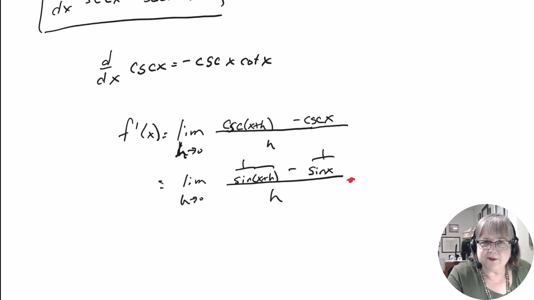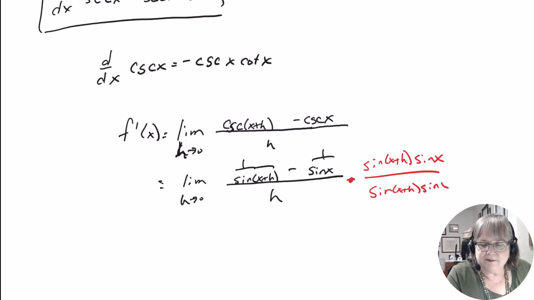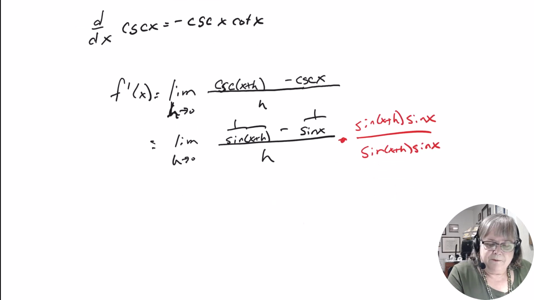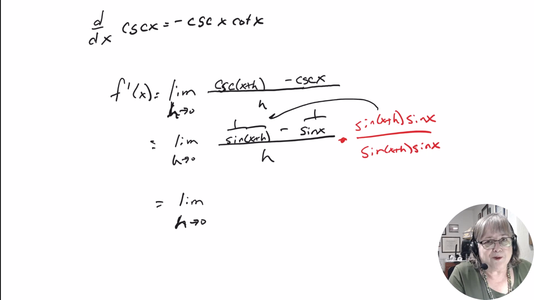Beautiful complex fraction. So we're going to multiply by our least common denominator and cancel where we can. So this times this first term. I mean, you have to give them credit. This is actually kind of cool.